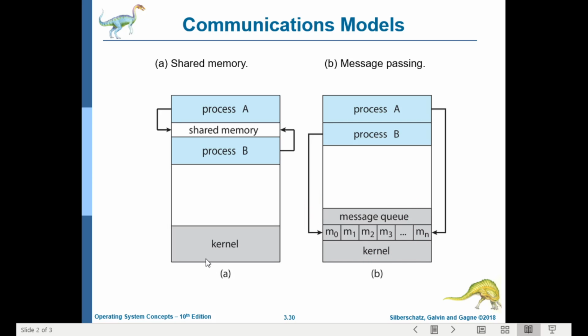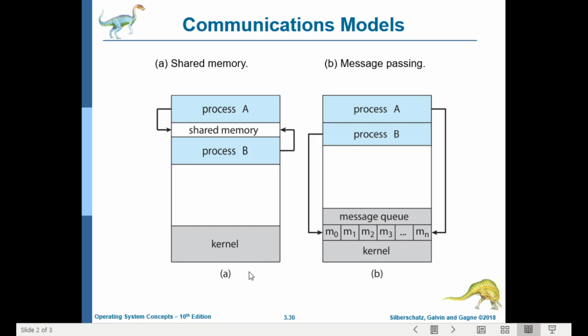Compared to this, for shared memory, system calls are required only to establish the shared memory region. Once the shared memory region is established, all accesses are treated as routine memory accesses, so no assistance from the kernel is required. Thus it is faster compared to message passing.